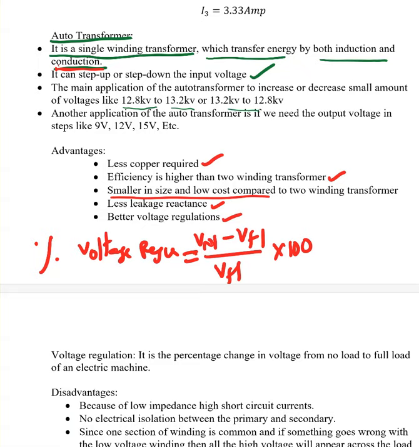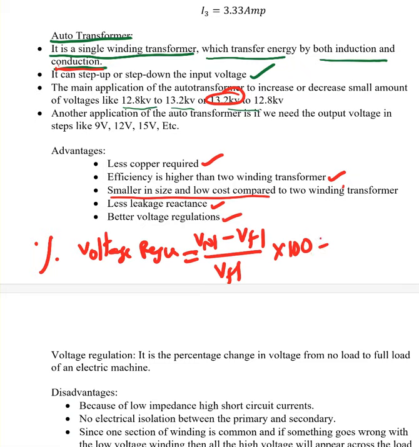So when it is no load, say the voltage is 13.2 kV. When it comes to full load, say the voltage becomes 12.8 kV because the remaining 400 volts is dropped inside the transformer. Then 13.2 kV minus 12.8 kV divided by 12.8 kV will give you the voltage regulation.